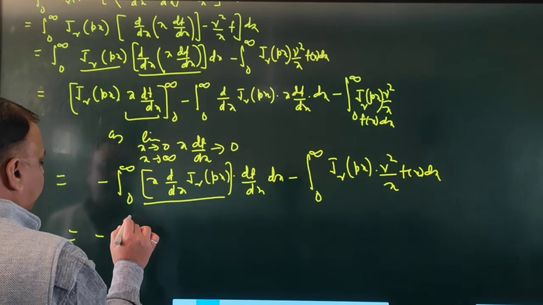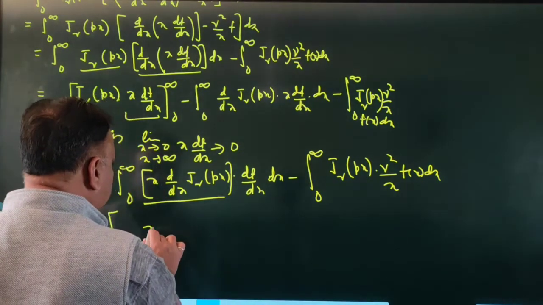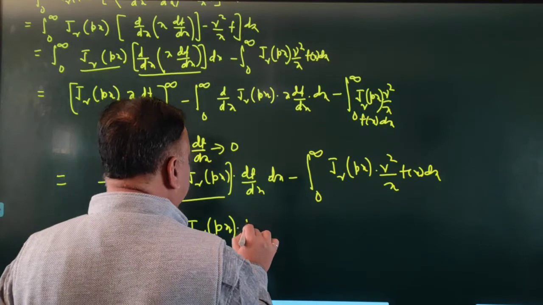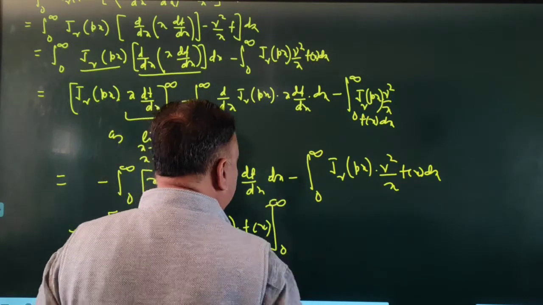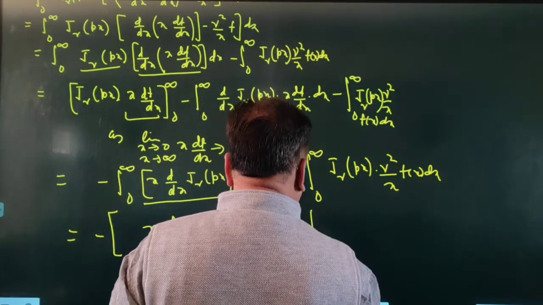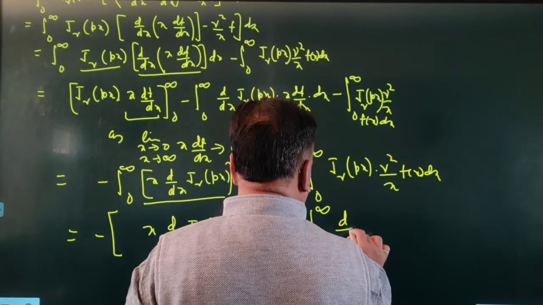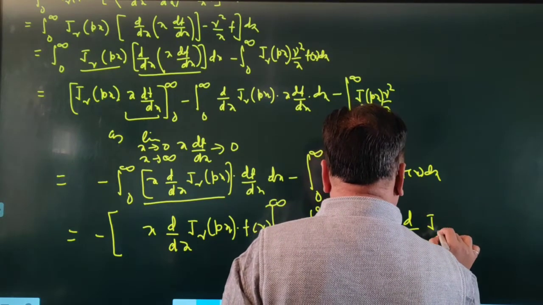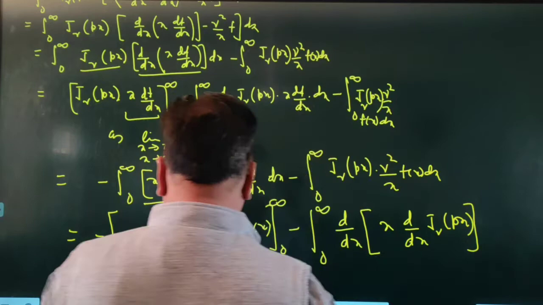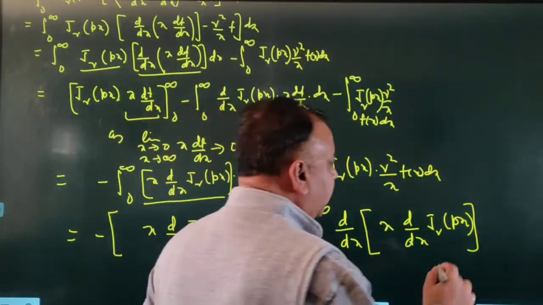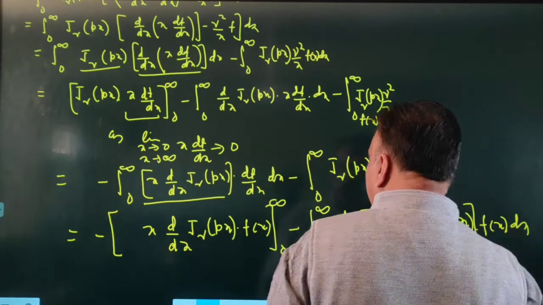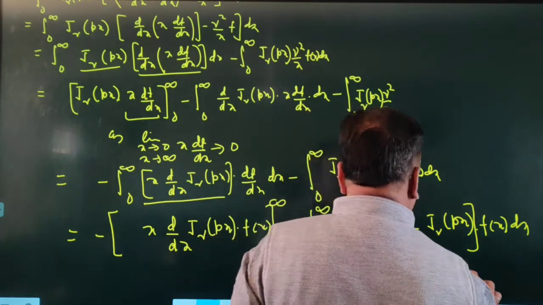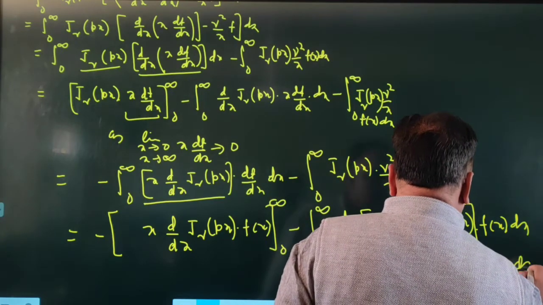We get minus x d/dx of J_nu(px), the first function, times the integral of the second function, f(x), with limits from 0 to infinity, minus the integral from 0 to infinity of the differentiation of the first function, d/dx of (x d/dx J_nu(px)), times f(x) dx, minus the integral from 0 to infinity of J_nu(px) times (nu²/x) f(x) dx.